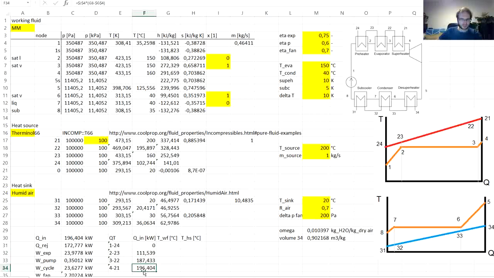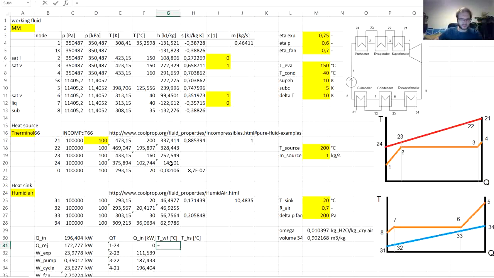And also here we can check that the heat transferred in the heat exchanger is the Q in. The same would need to work if this were the mass flow rate of the heat source times enthalpy at 23 minus enthalpy at 24. So you can see this can work as some kind of check that the values are correct.